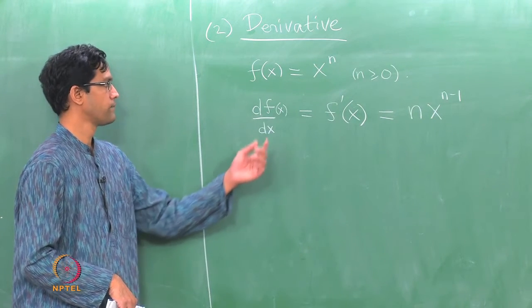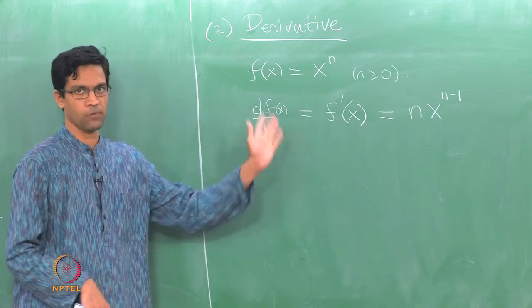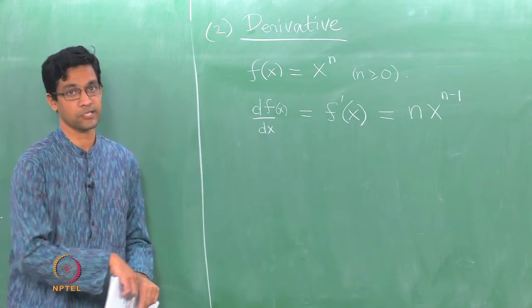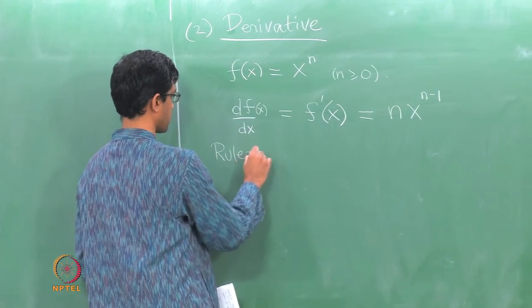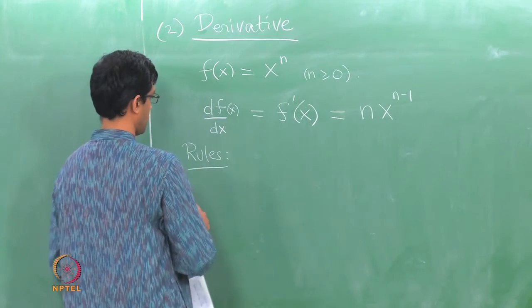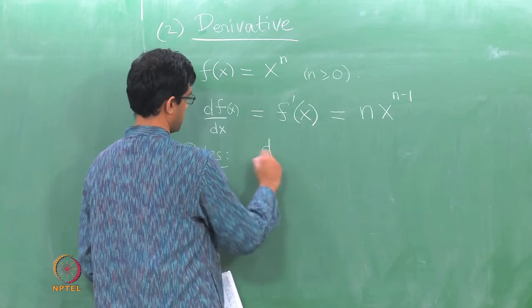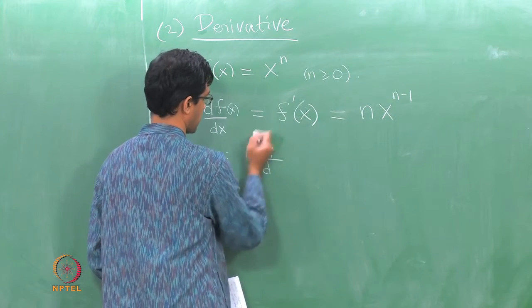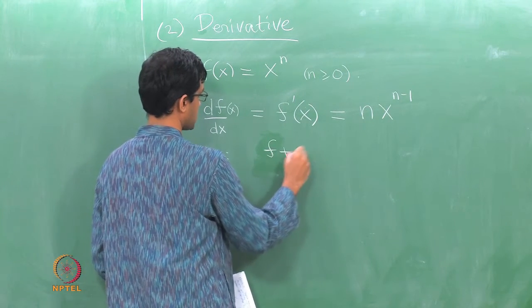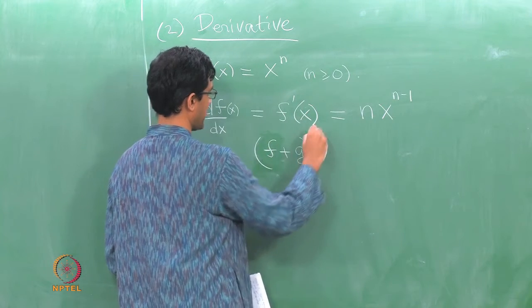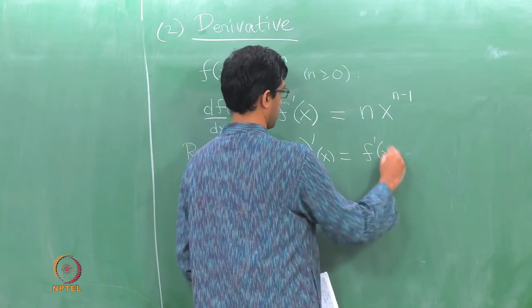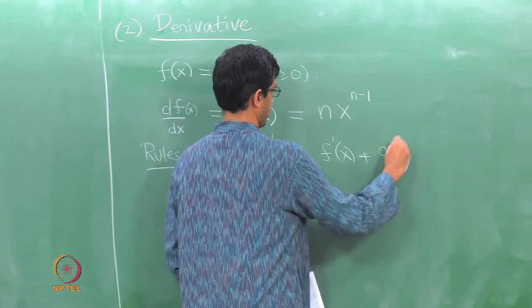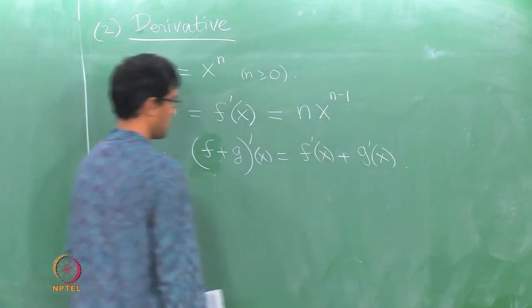In particular, if I take the derivative of a sum of two polynomials, the answer will be the sum of the derivatives. So the rules for derivatives are still the same. If I take f plus g, a sum of two polynomials, and try to find its derivative, then it is just the sum of the derivatives.